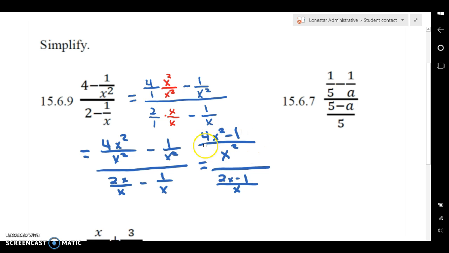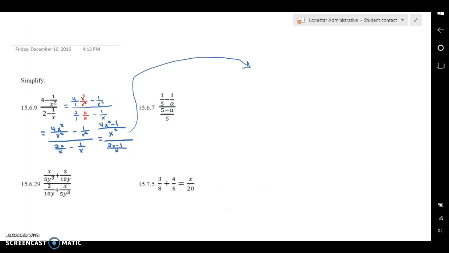And now we have a fraction over a fraction. I'm going to go over to the right to finish the problem. With a fraction over a fraction, our next step is to say, okay, that's a division problem. It's 4x squared minus 1 over x squared divided by its denominator, 2x minus 1 over x, because that's what a fraction is. It's a division problem.